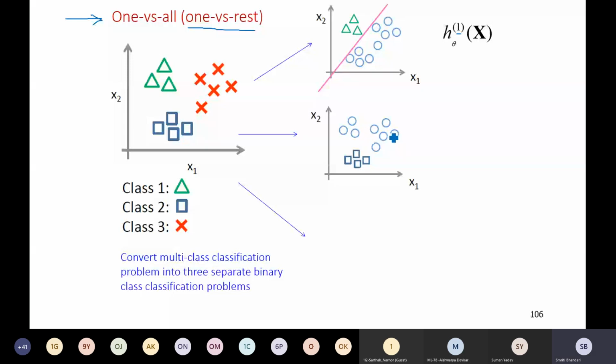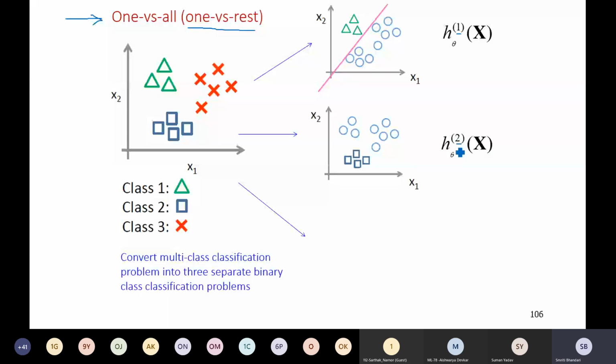So once again I'll have two classes, this class 2 that I had, and the remaining samples will go into the other class. Once again this is a binary classification problem, and after application of logistic regression I'll come up with the hypothesis, say for example h theta x2. This superscript 2 is meant for class 2.